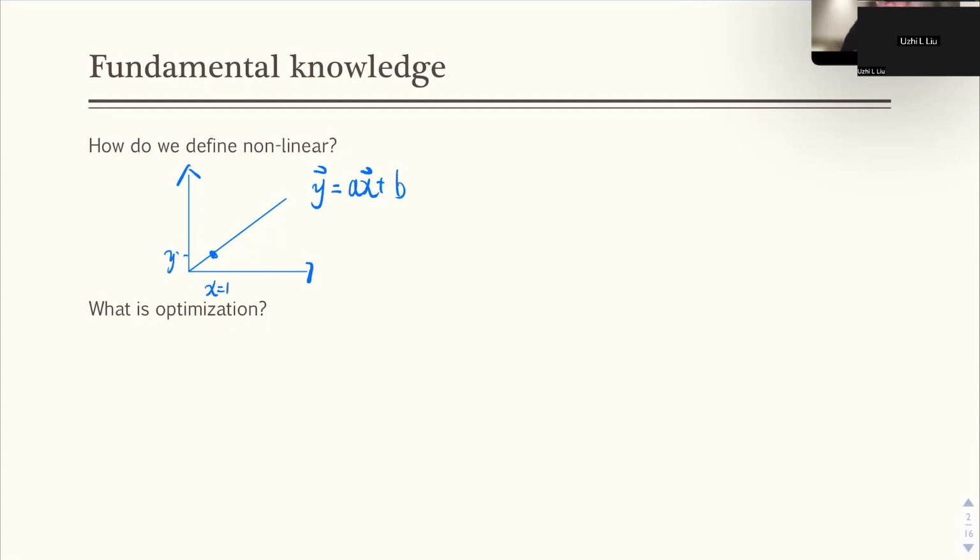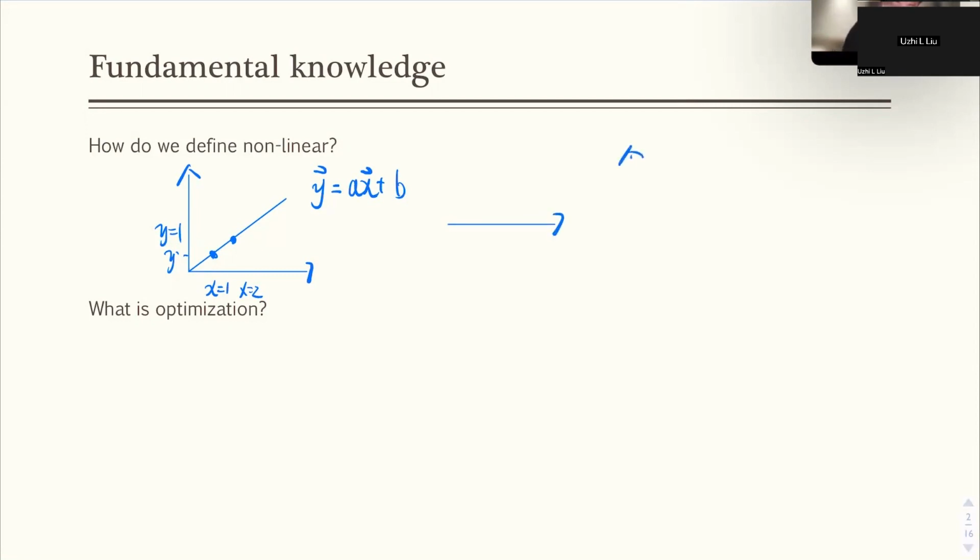But every time we increase x by 1, we have y equals 2, so the increment is the same amount. That's basically the definition of a linear function: every time you increase one parameter by a certain amount, the other parameter follows the same pattern. So the negation of linear is basically nonlinear.